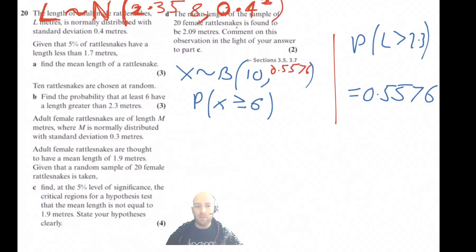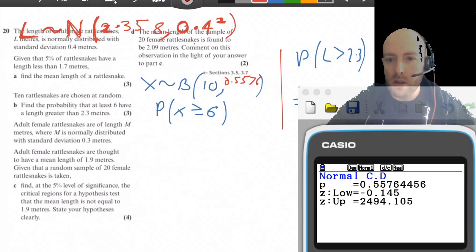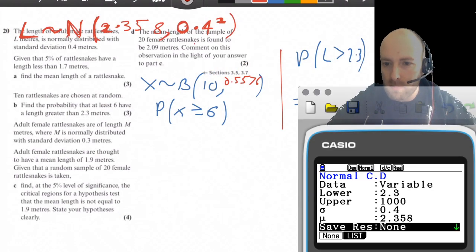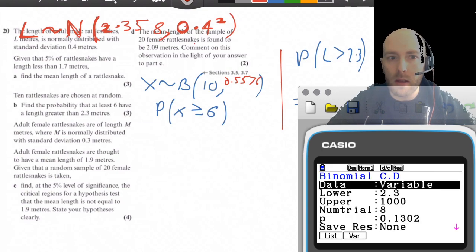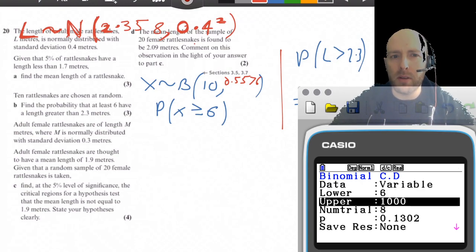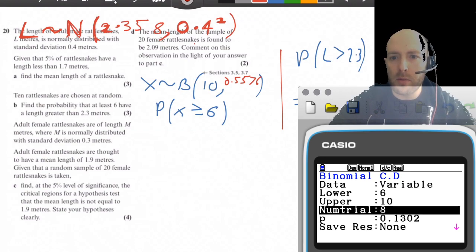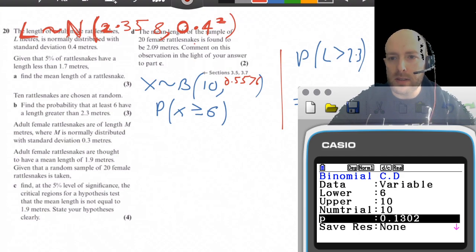And then we can just type this in on a binomial function. So binomial distribution, BCD, lower is going to be 6. Upper, well, how many are we doing? We've got 10 trials, so upper is going to be 10. Number of trials, 10. P success, 0.5576.